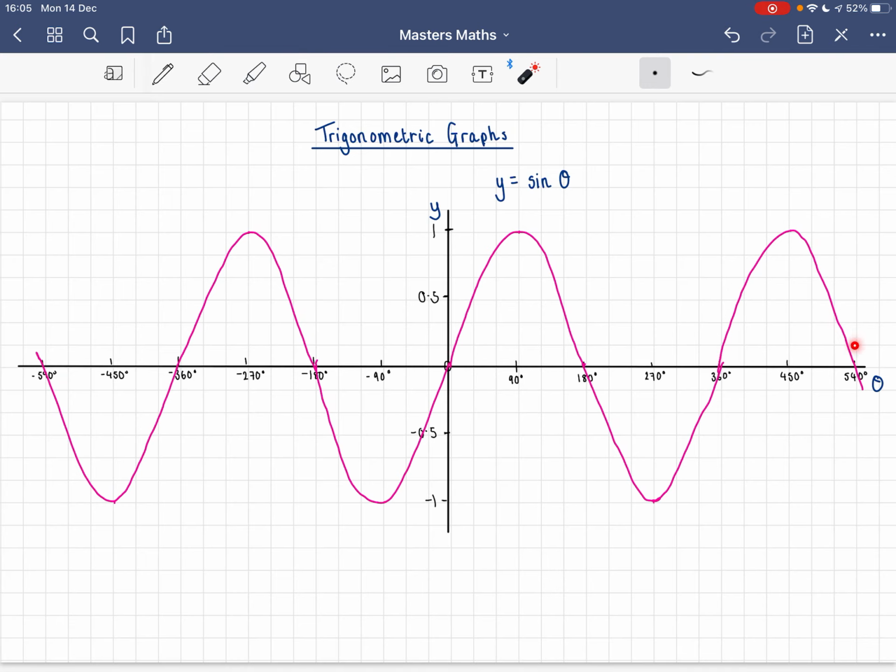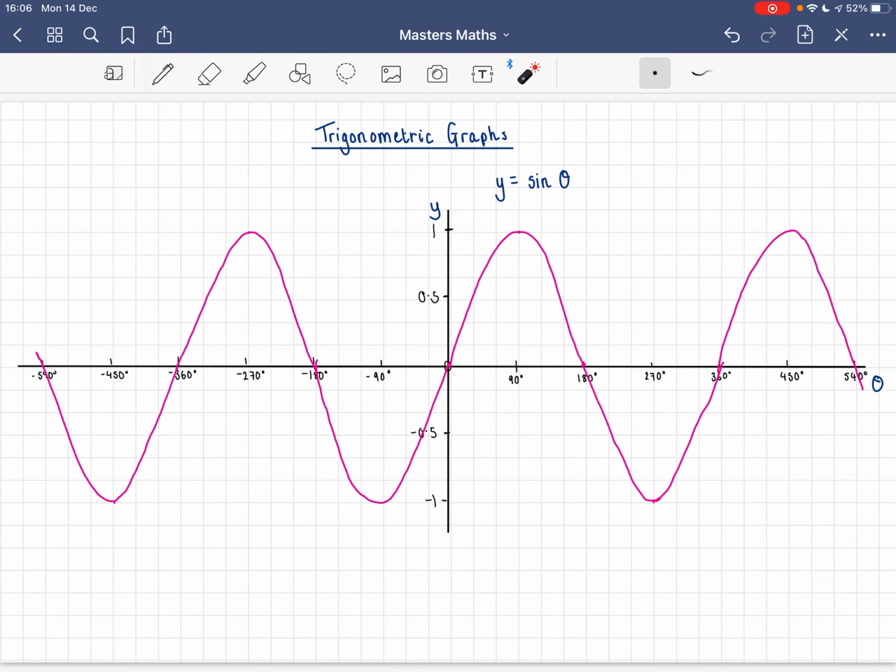If you carried this on, it would come down and come back up and intersect the x-axis again at 720. And then again, it repeats in the negative direction as well. So it is just a repeat of the same wave over and over again in an interval of 360 degrees or negative 360 degrees, depending on which way you're going.